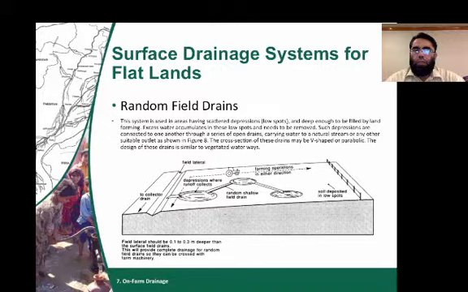What we do in this method is connect these depressions with one another by constructing a series of open drains, and then these drains carry water to a natural stream or a suitable outlet. And the cross section of these drains can be parabolic or V-shaped, as you can see in the figure also.